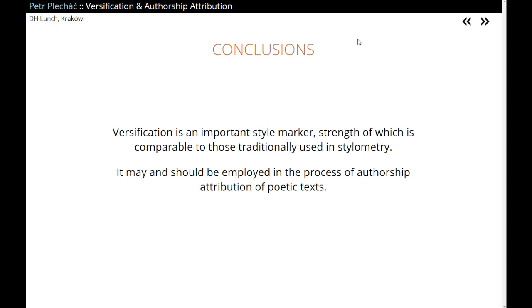There's no higher variability in placing the stresses in Spanish verse than in Czech, where it is controlled by a meter. So I still don't know.